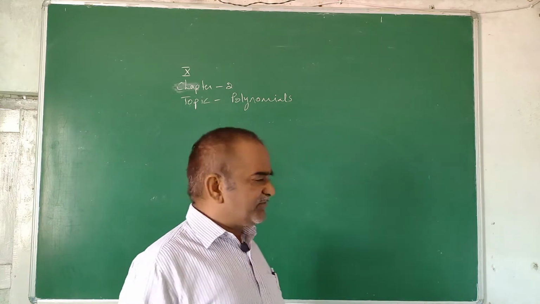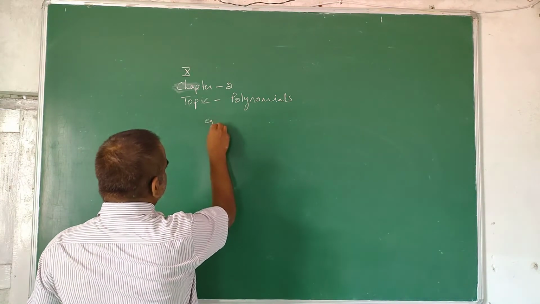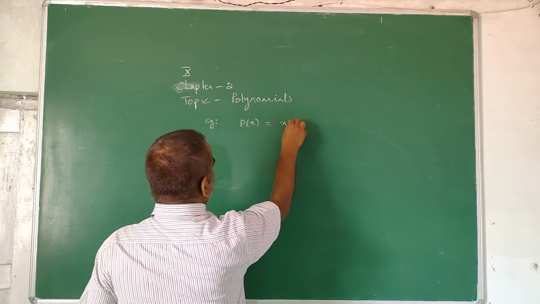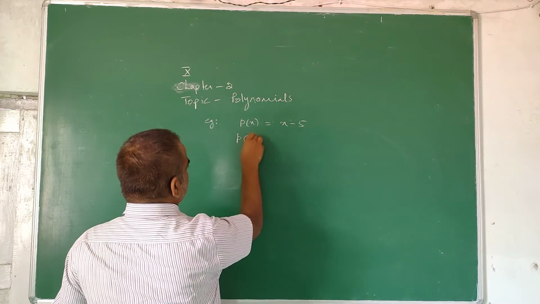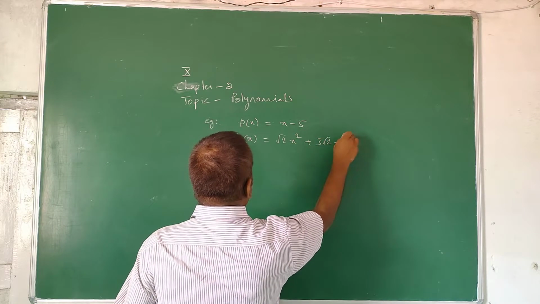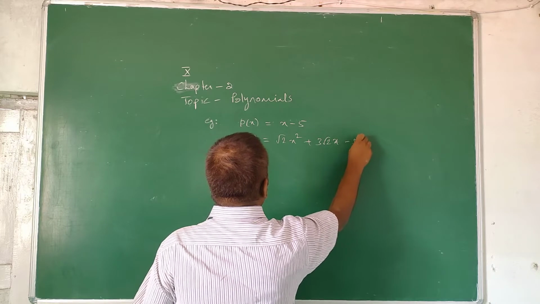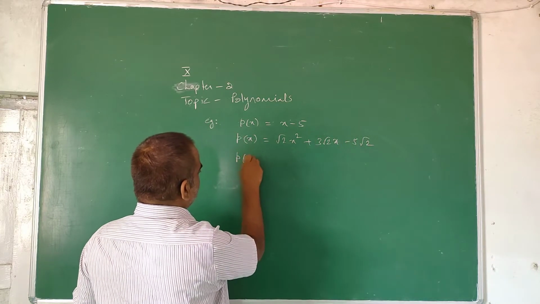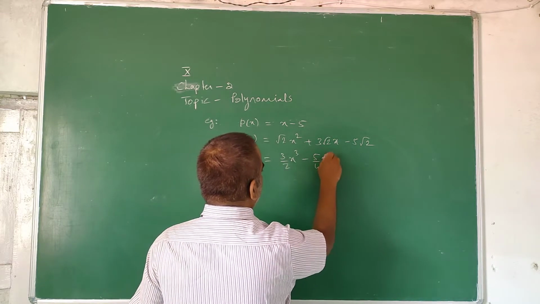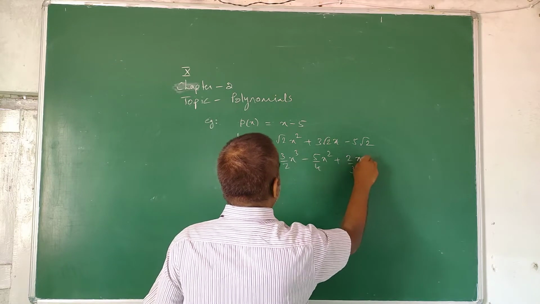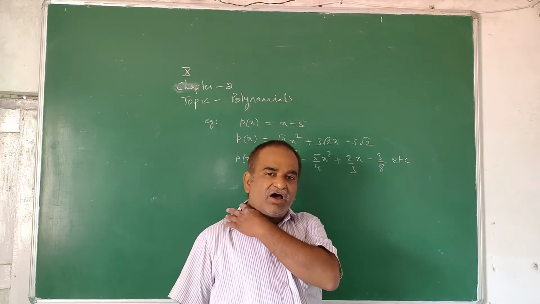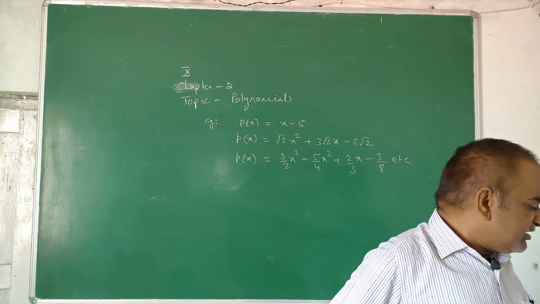Now, some examples let us see for polynomials. P of x is equal x minus pi, P of x is equal root 2 x square plus 3 root 2 x minus pi root 2, P of x is equal 3 by 2 x cube minus 5 by 4 x square plus 2 by 3 x minus 3 by 8, etc. These all are various examples for polynomial.